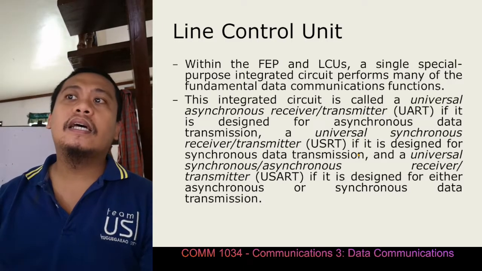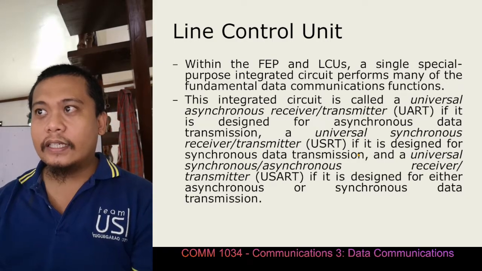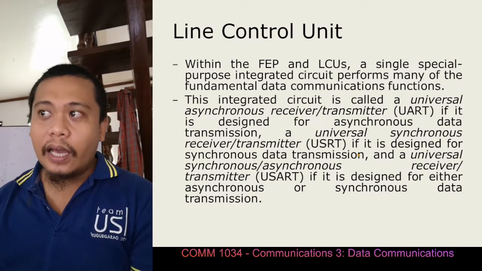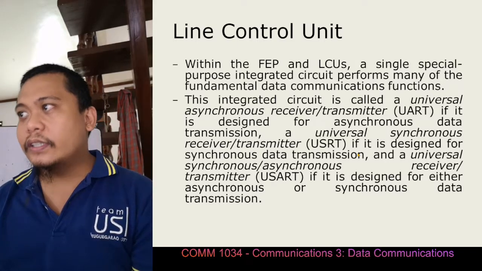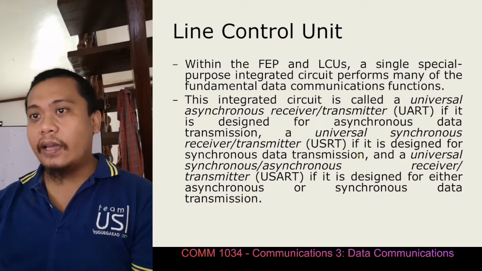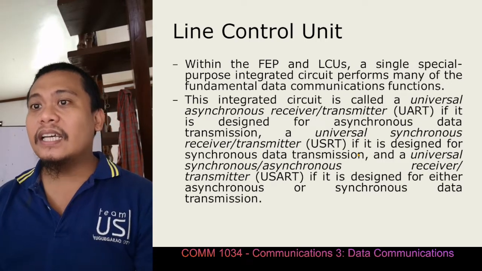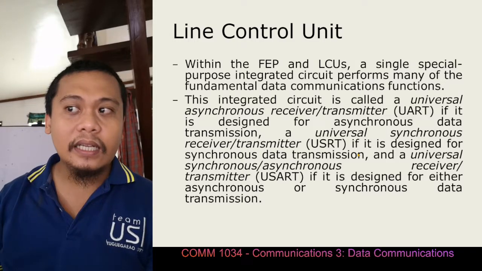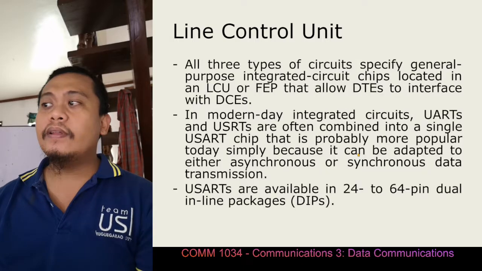So this integrated circuit is called Universal Asynchronous Receiver Transmitter, or UART, if it is designed for asynchronous data transmission. So a universal synchronous receiver transmitter, or USRT, if it is designed for synchronous data transmission. And a universal synchronous asynchronous receiver transmitter, or USART, if it is designed for either asynchronous or synchronous data transmission.